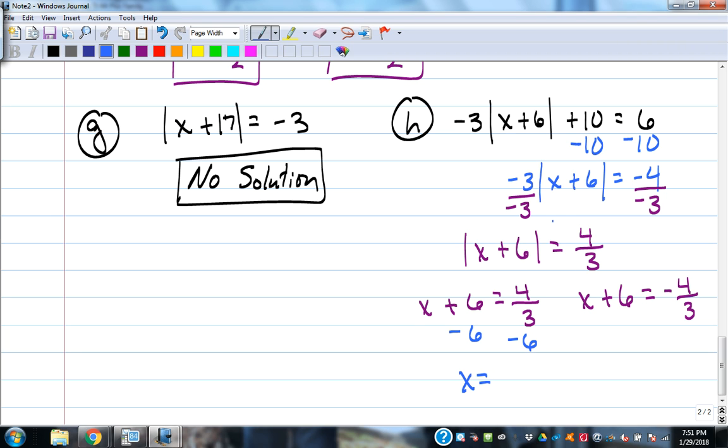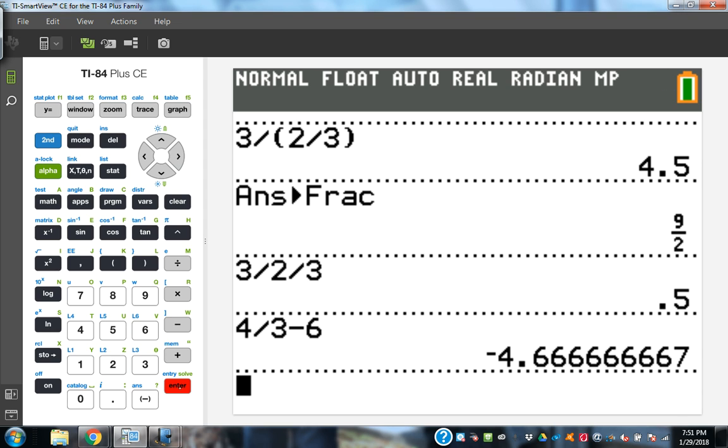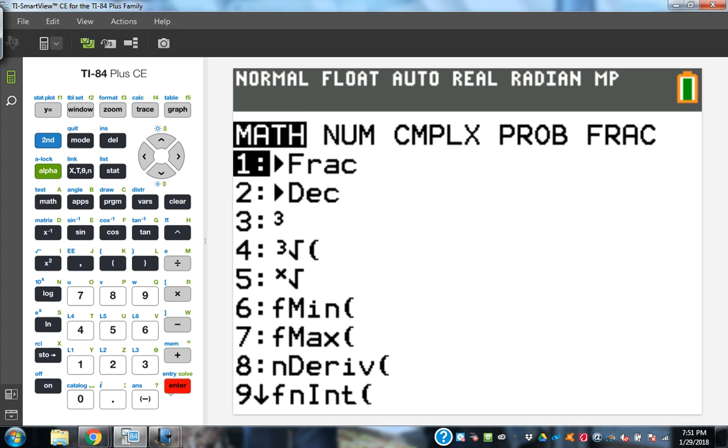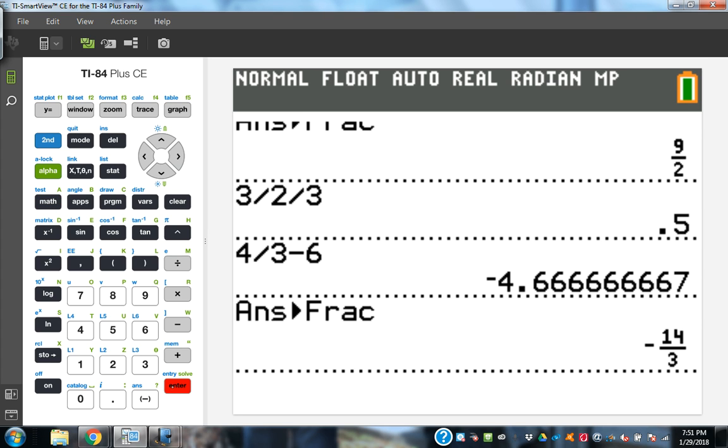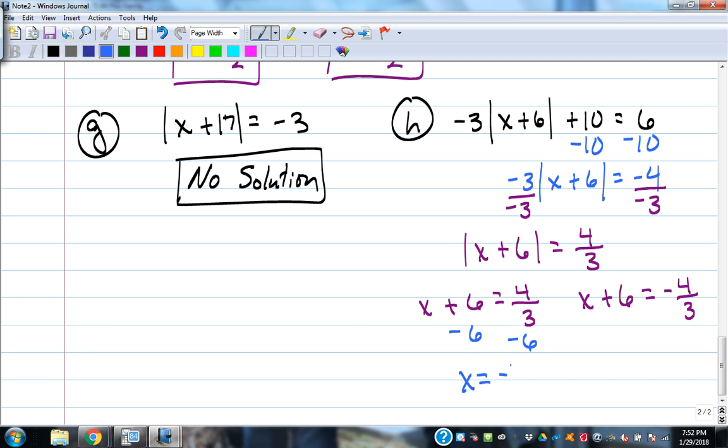But anyway, set up your equations, solve them. 4/3 minus 18/3. And you can do that with a calculator. I'm fine with that. 4/3 minus 6. Mine's going to throw the answer back as a decimal, so I'm going to hit math, enter, and that'll change it back into a fraction for me. -14/3.